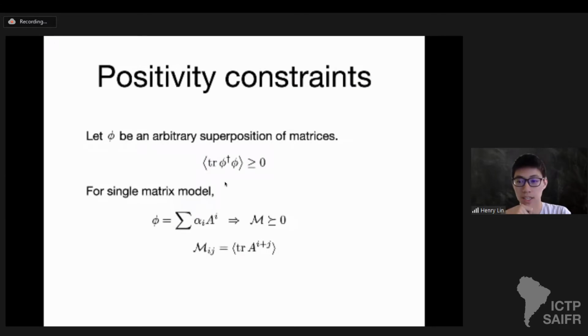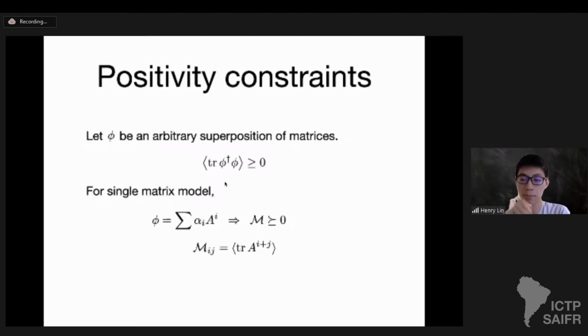And for the single matrix model, I should say that this, in general, leads to a constraint that this calligraphic M matrix, which is the matrix of correlators formed by the Gram matrix formed by taking this inner product, has to be positive semi-definite. So all of its eigenvalues are positive. And for a single matrix model, this basically boils down to the requirement that the eigenvalue density of the matrix has to be positive.